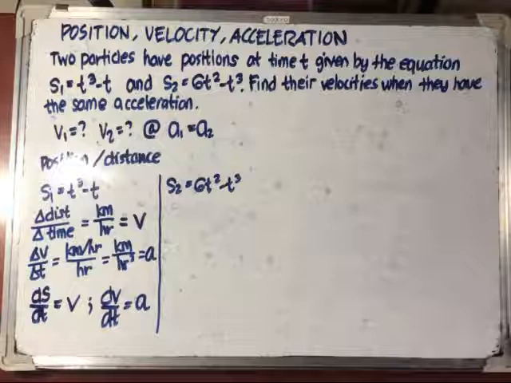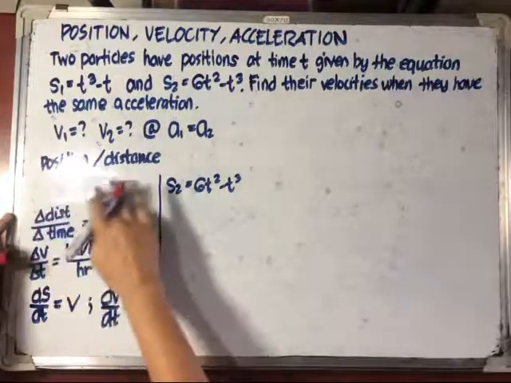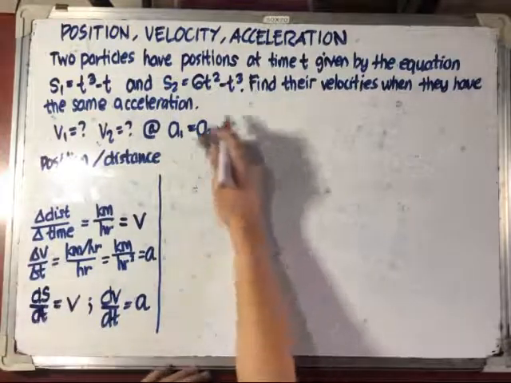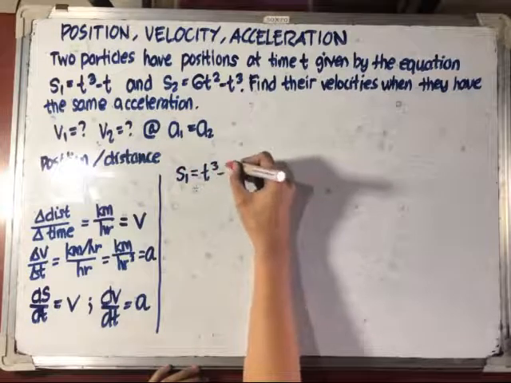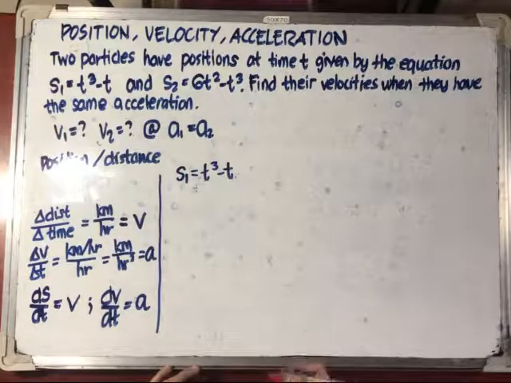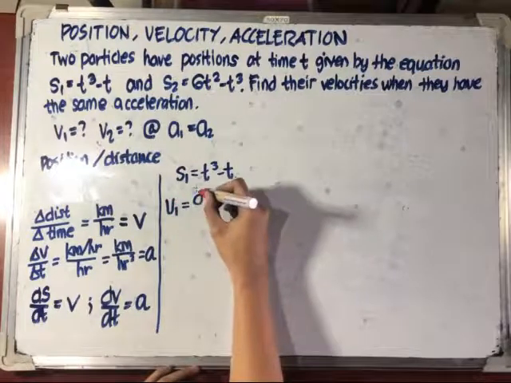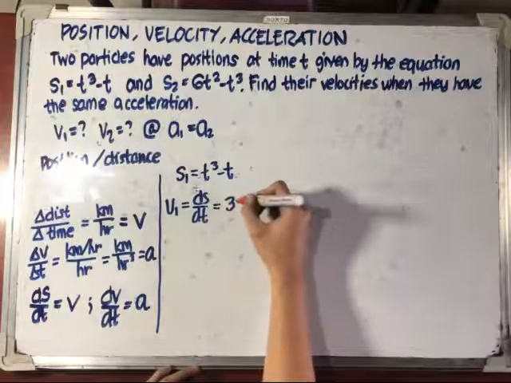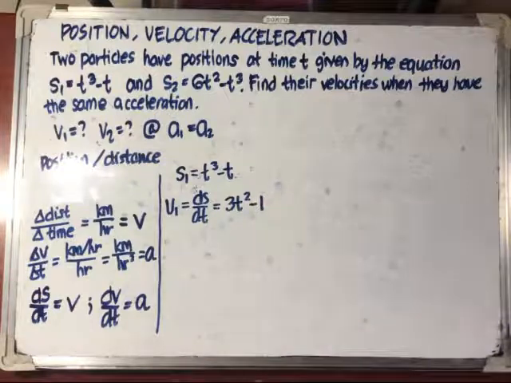Okay? So, yun lang yung gusto kong i-point out dito. And let me transfer this one. If we have two position functions now, S1 is equal to t cubed minus t, we can get its velocity. Wherein si V1 mo is ds over dt, ilan yon? 3t squared minus 1. That's the velocity formula niya.